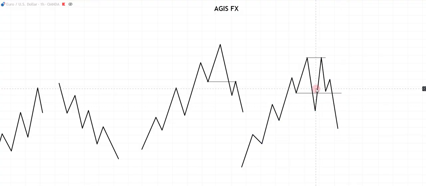Price heading back up here, the resistance will also turn back to support. Now this is the high, this will become a resistance as well. That is, if price doesn't break above this high, it will make a formation. The formation can be maybe a bearish engulfing, gravestone doji, pin bar, whatever it might be, then it will start pushing downward.